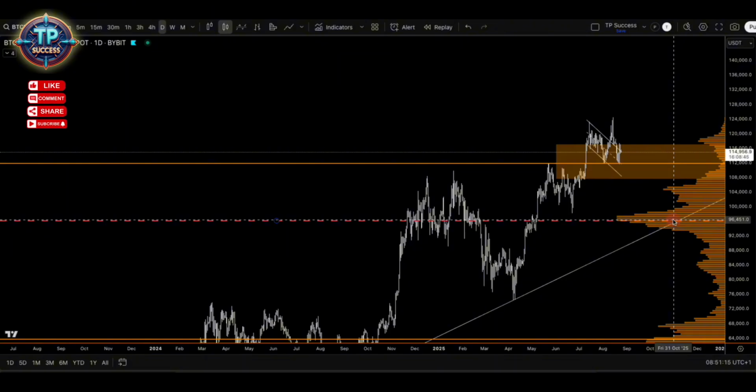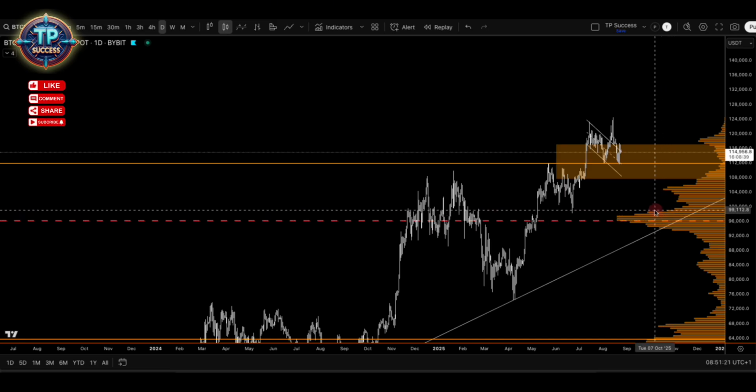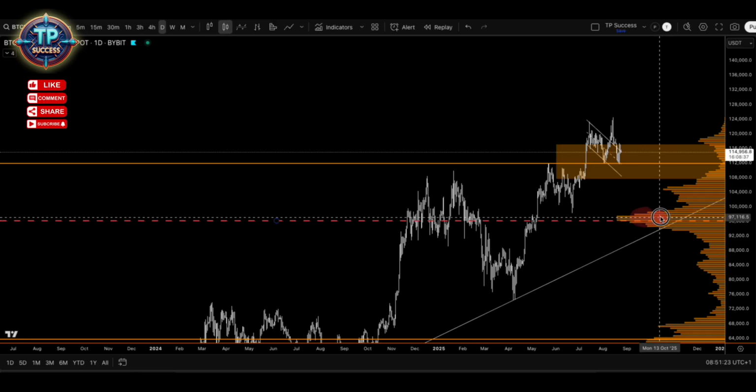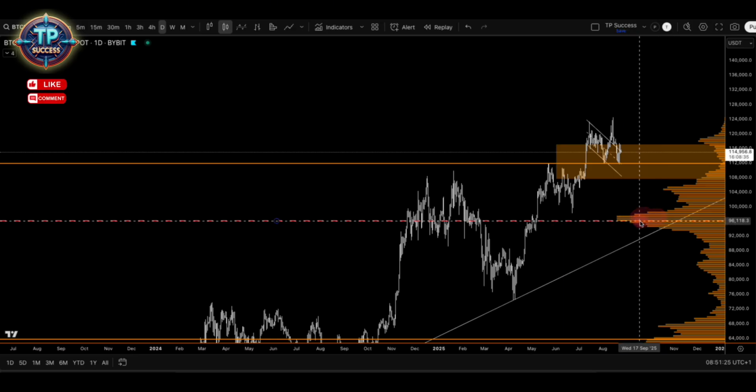that type of investor, then naturally I would say if you can exercise a bit of patience to see if BTC is in fact going to return to the point of control, which is at 96k, then you will be getting that at a discount.